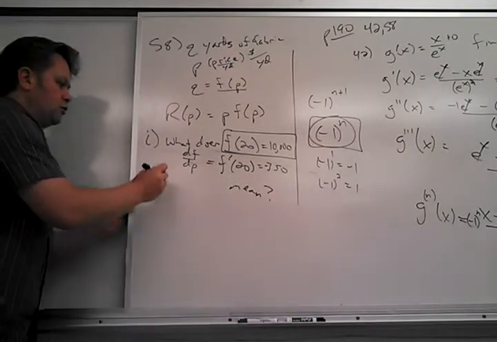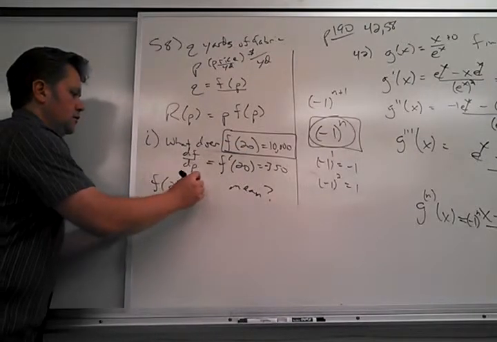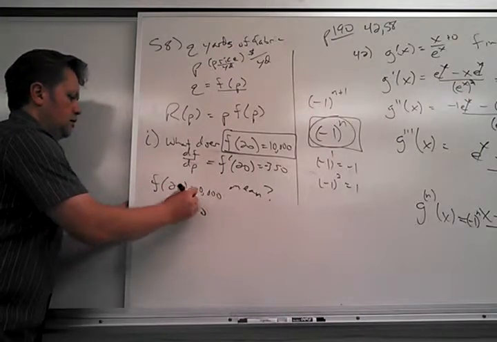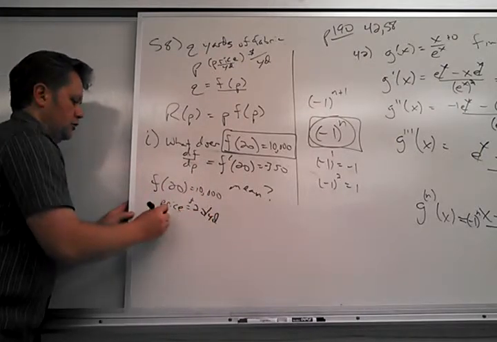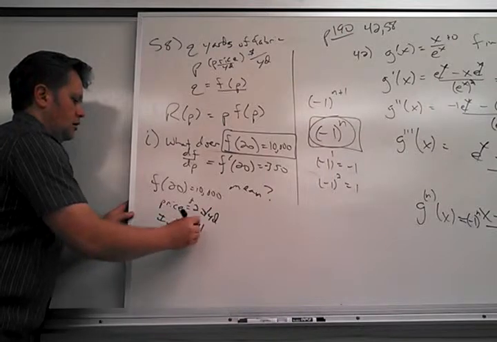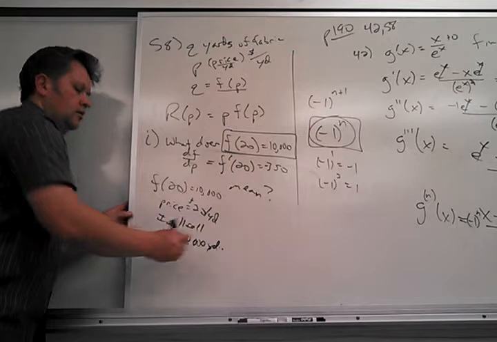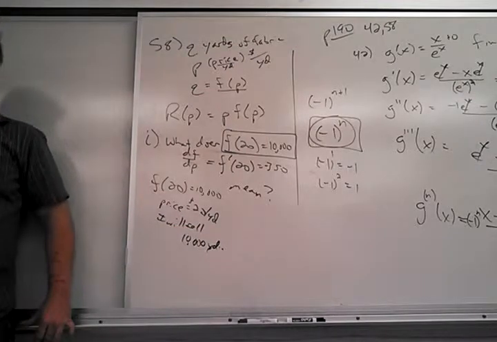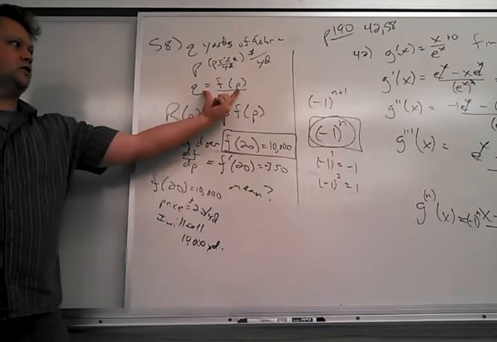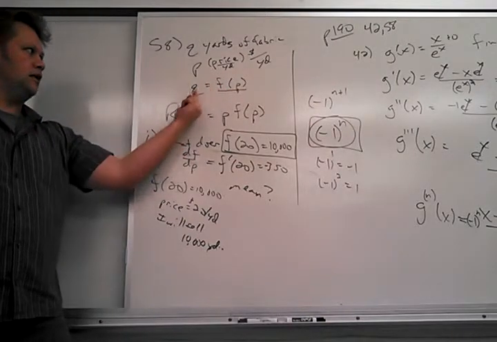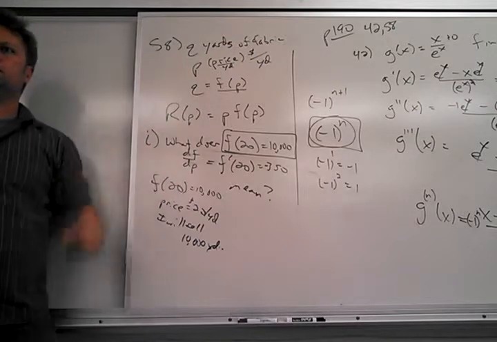So F of 20 equals 10,000 means if I set my price to $20 per yard, I will sell 10,000 yards of fabric. And that's just from this definition here. F evaluated at the price gives me the amount. Bam. So that's pretty easy.